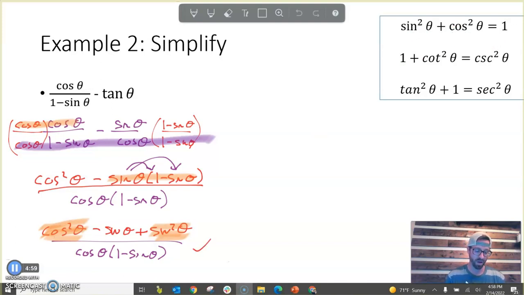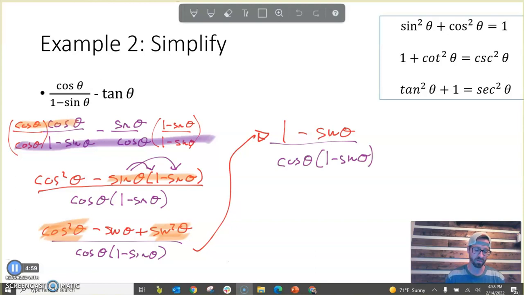So I'm going to copy it up here, but instead of that part that I've highlighted in orange, I'm just going to substitute a 1 in for it. And then we still have our minus sine theta from right here. And then we're just going to copy down our denominator, cosine theta times 1 minus sine theta.